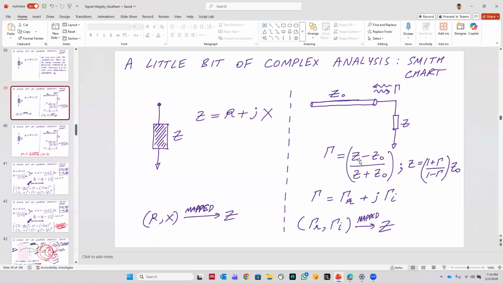Okay. So essentially what we are going to do is map this complex number Z to a new complex number gamma. If you look at this expression, I know you must have learned this in undergrad, but does anyone know what this expression actually is mathematically?